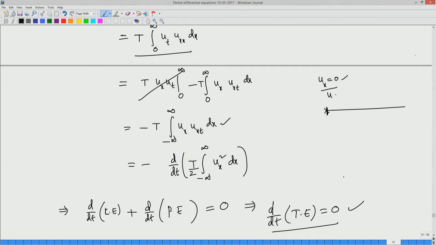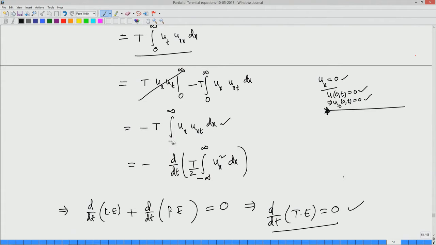Suppose u(0,t) is 0. If this is given, clearly u_t(0,t) is also 0, because u(0,t) is a function of t which is 0, whose derivative with respect to t is also 0. Now, this implies u_t(0,t) is also 0. So, that makes it 0. So, in any case this term will not be there.